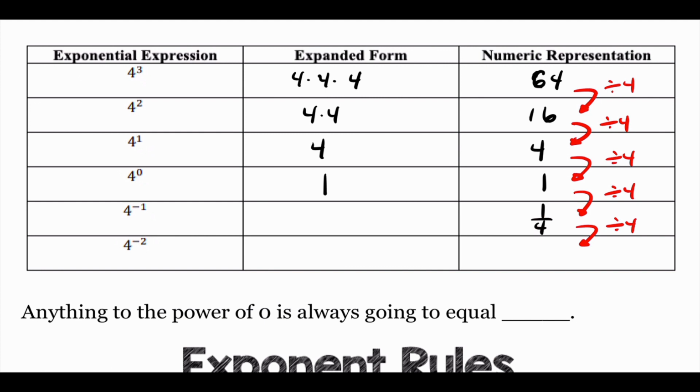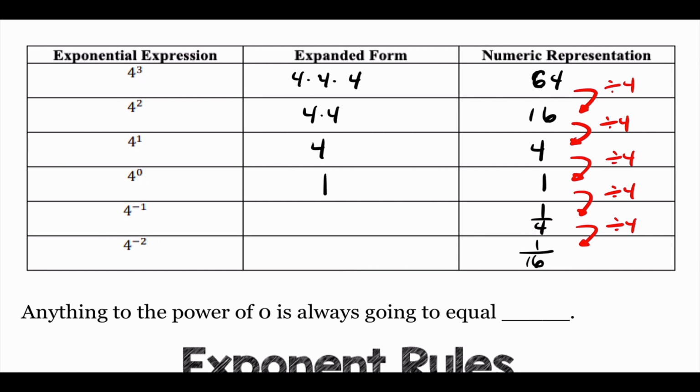Do I have more money or less money if I do that? Yeah, less, right? It's always going down, less and less and less. And actually, if you were to do it, it would be 1/16. So are there any negative numbers you see on that list? No. So negative exponents don't make negative numbers. They make very small numbers.